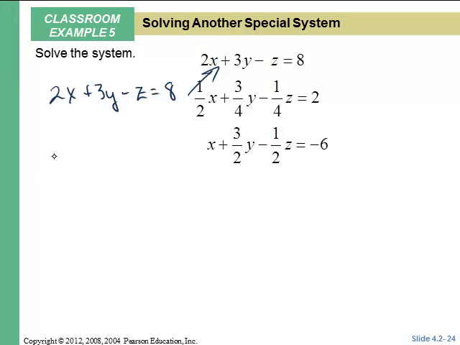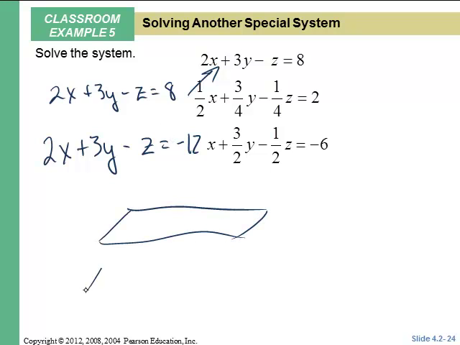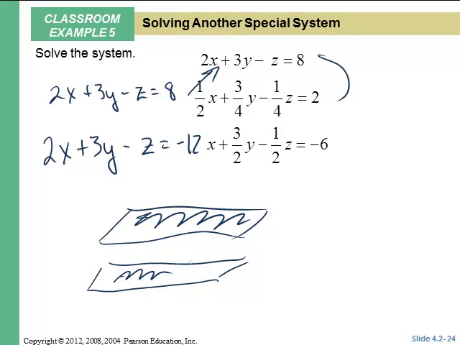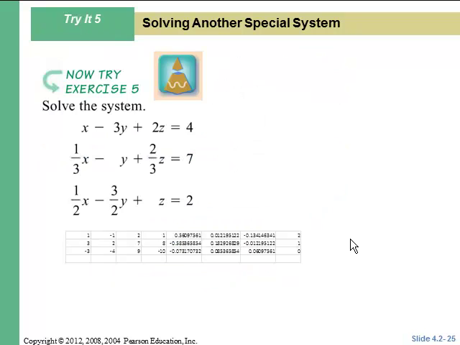And then multiply the last equation by 2, the common denominator, and you get 2x plus 3y minus z equals negative 12. And those two would then form parallel planes. These two equations are the same plane. This one is a plane parallel to those two.